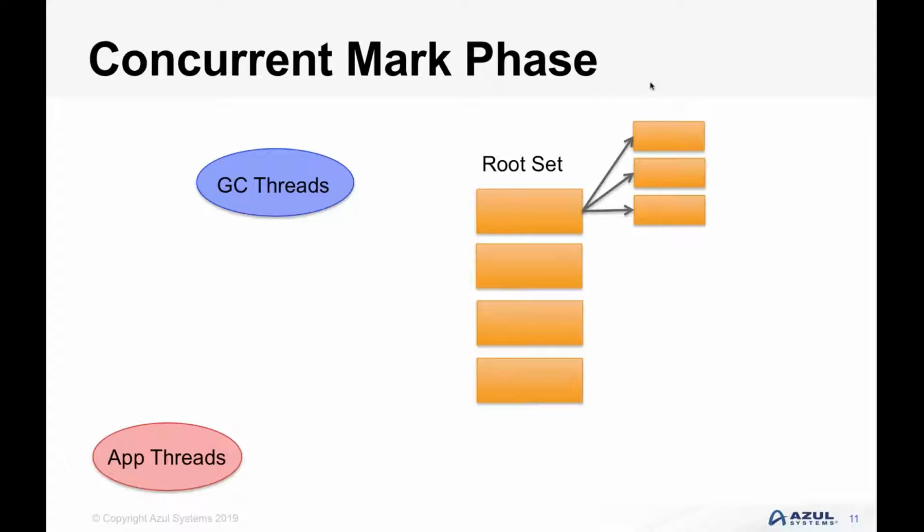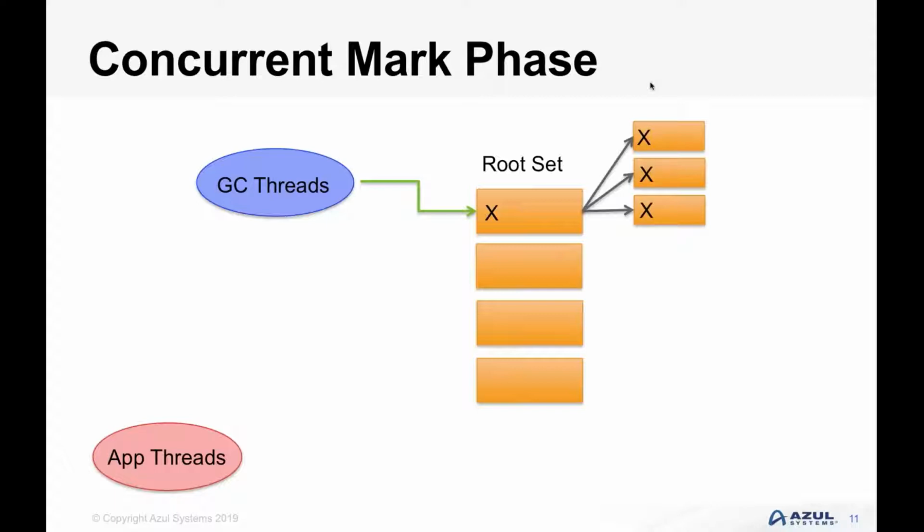So the way that works is exactly the way you'd expect, which is that we have garbage collection threads which take the root set and they look at an object and they say, okay, that object is still being used, so we'll mark it with a bit in the object header. We'll then trace the object references from that object and we'll mark those objects as still being accessible by the application.